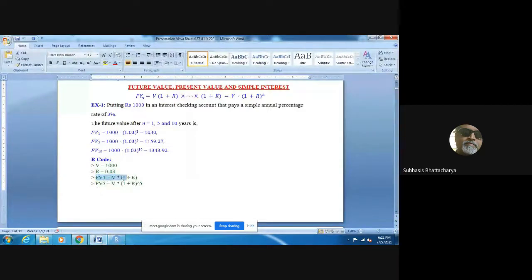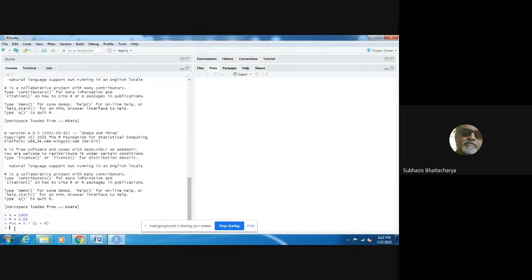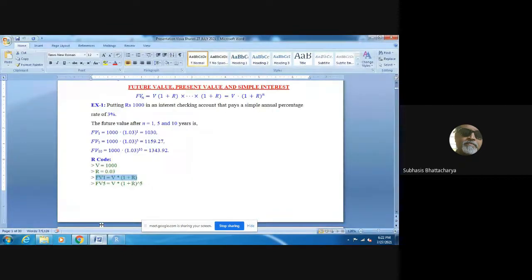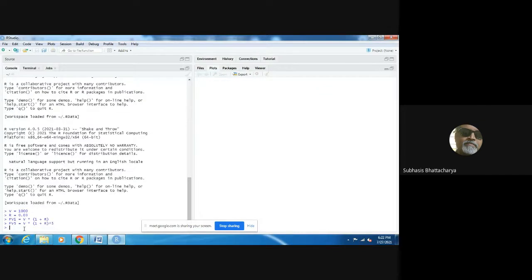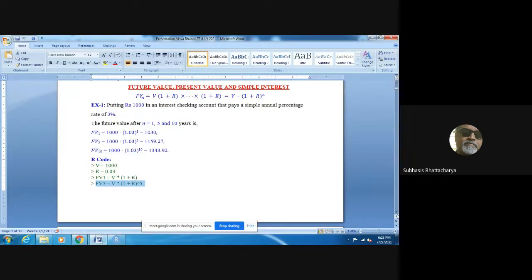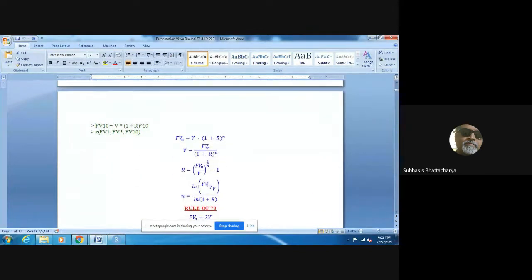Then I calculate the value after the first year, the value after the fifth year, and the value after the 10th year.